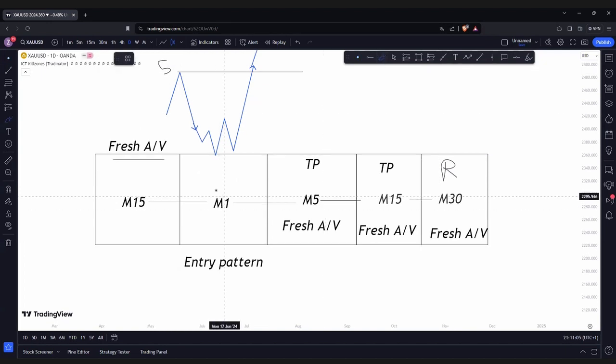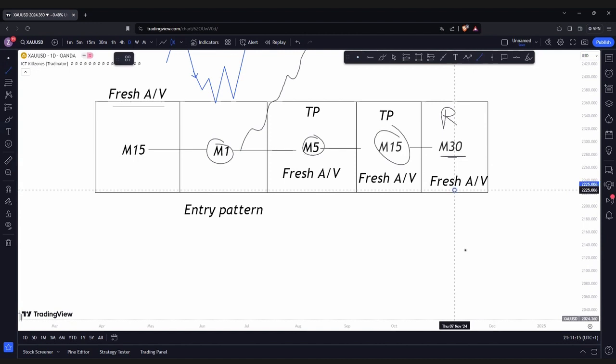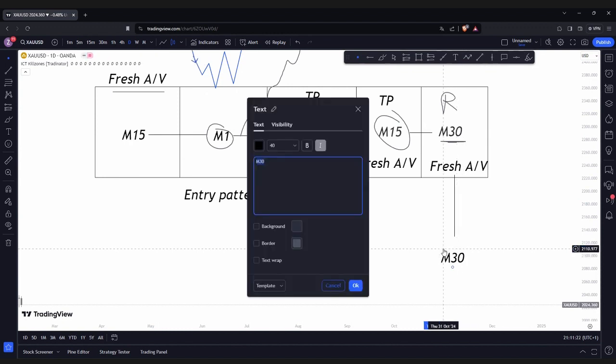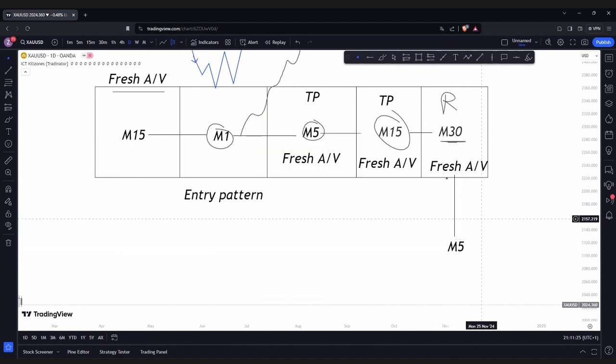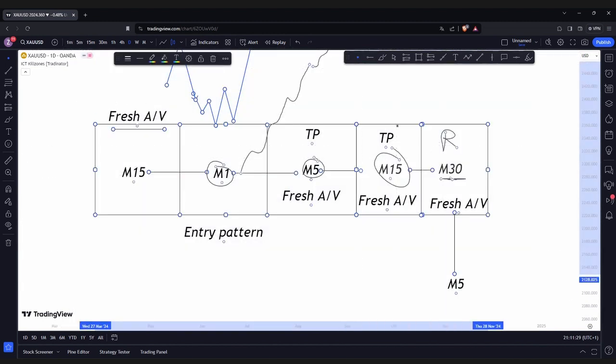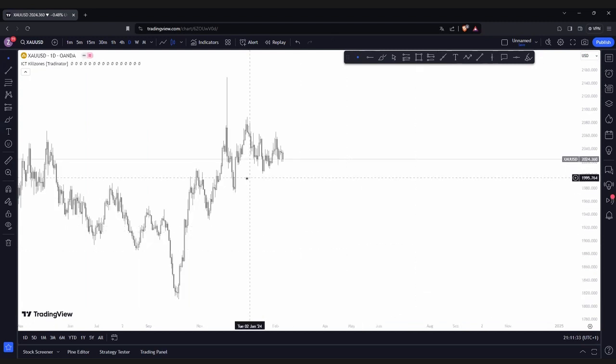So let's say you have an entry here and you're holding it, it breaks this, keep holding it, breaks, keep holding it to the M30, and then M30 rejects. Instantly after M30 rejects, you can drop 2 time frames lower looking for another entry. So 2 time frames lower than M30 is going to be at M5. So M5, if M5 gives you a bearish breakout, you can use that again, and so on and so forth. Okay, so it might be confusing at first, but I'm going to show you some examples right here.